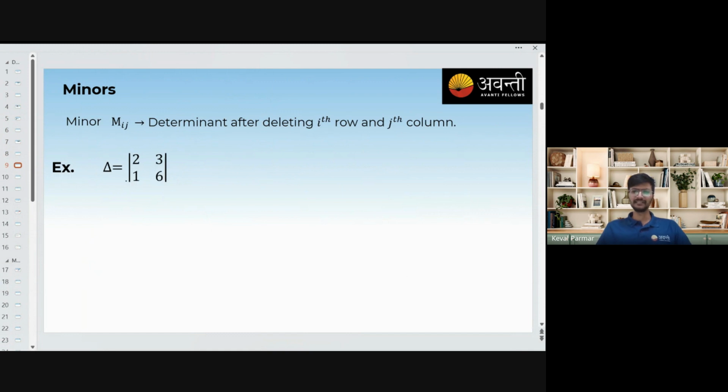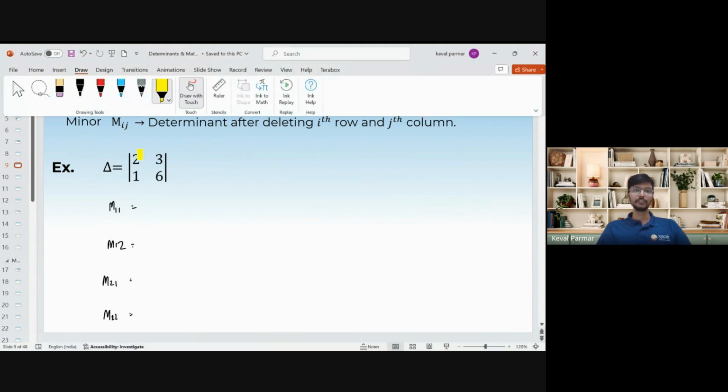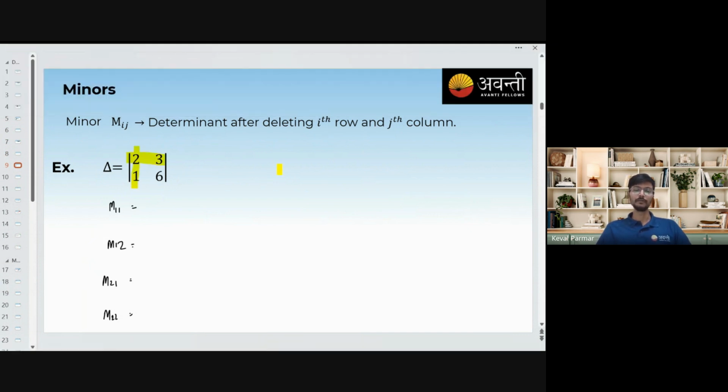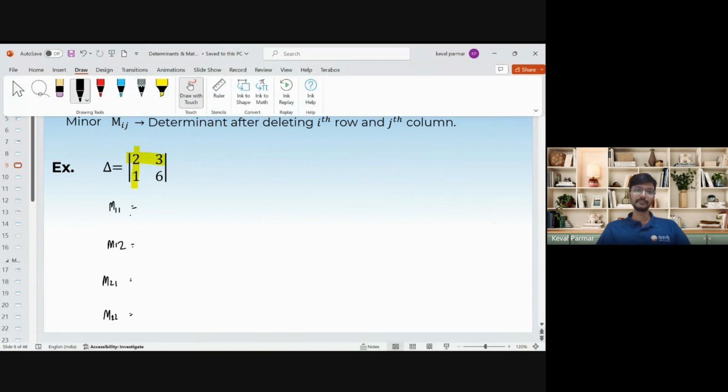Minor with an example is very simple. The number of minors will be equal to the number of elements. So here we have 4 elements: M11, M12, M21, M22. Right? So what is M11? M11 means delete the first row and the first column. What are we left with? 6, simple.